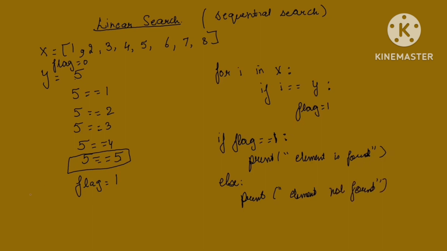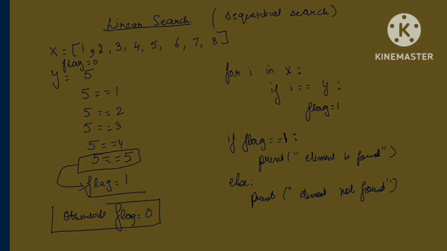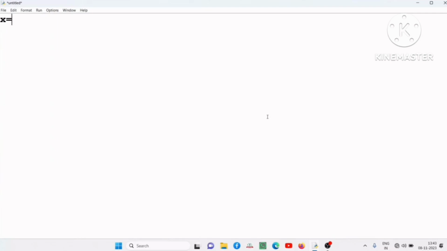Let us execute the same code in IDLE also. So here, when 5 equals 5, that time we make the condition flag equal to 1, otherwise flag equal to 0. So through the IDLE, how are we going to solve this? X is equal to eval.